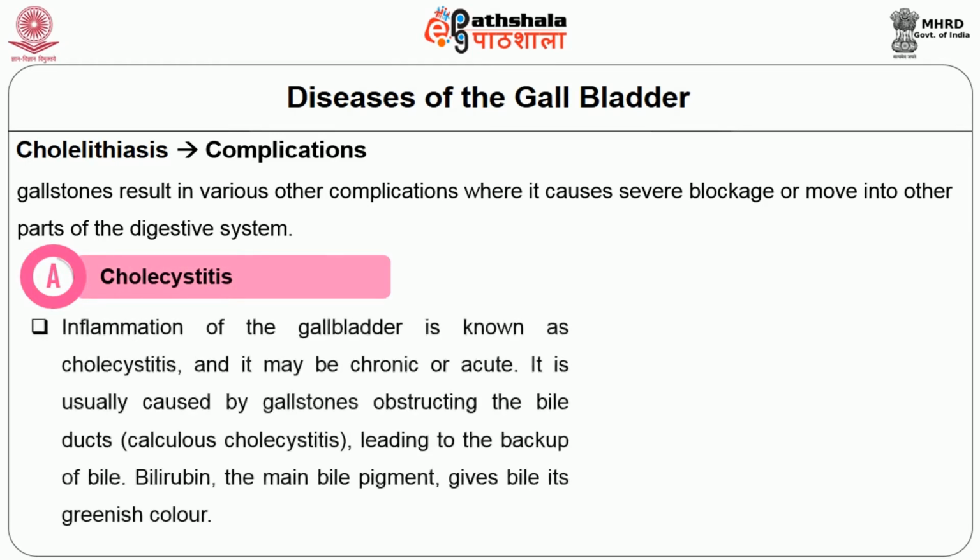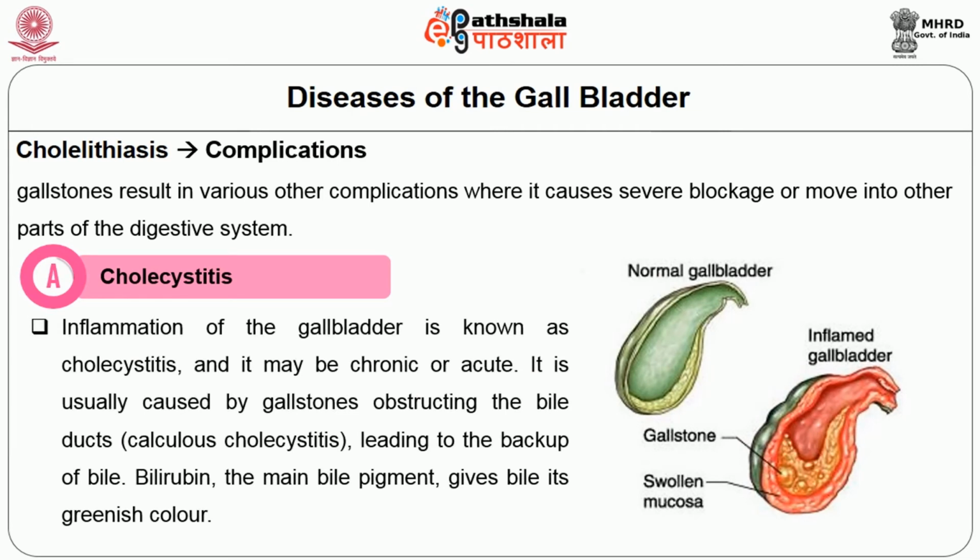Next, cholecystitis. Inflammation of the gallbladder is known as cholecystitis, and it may be chronic or acute. It is usually caused by gallstones obstructing the bile ducts, leading to the backup of bile. Bilirubin, the main bile pigment, gives bile its greenish color.